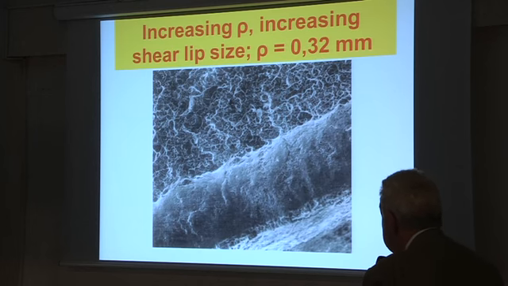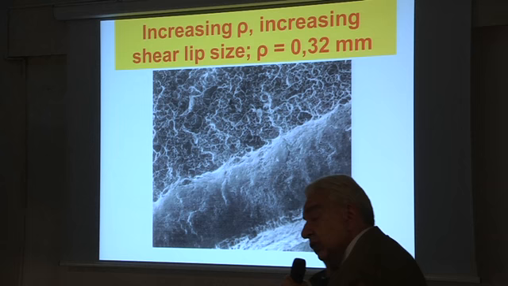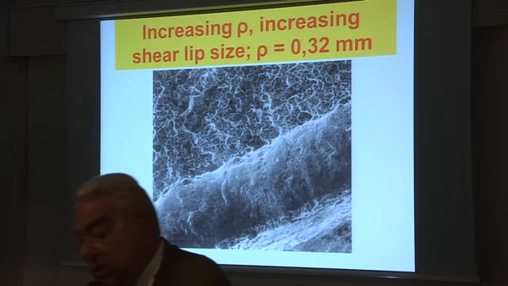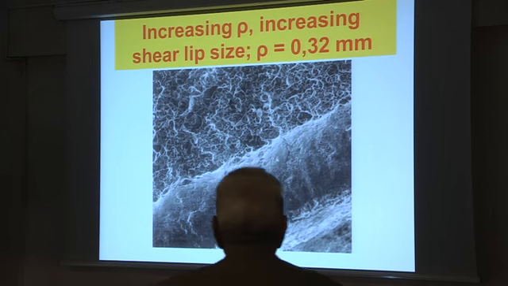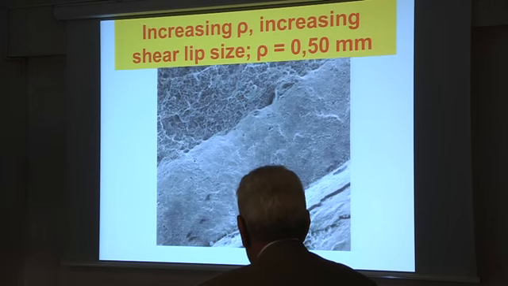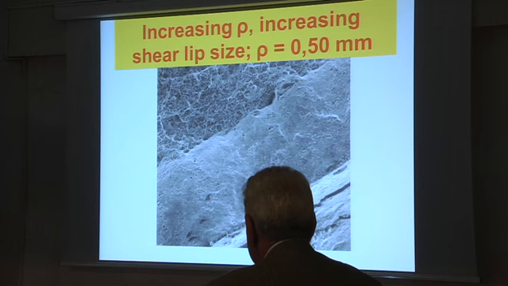You increase the notch root radius, then you increase the size of the slip line because you are going farther to the right or farther to the left with respect to the notch center line. Think of the green view that I was showing before.